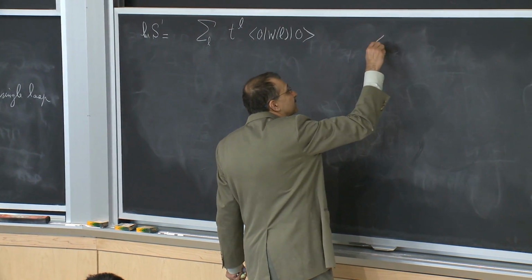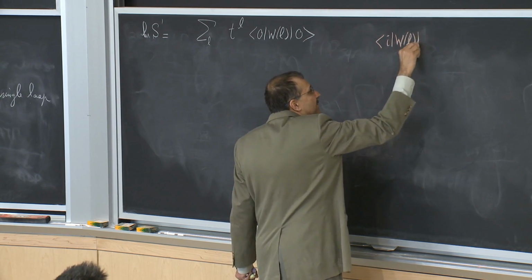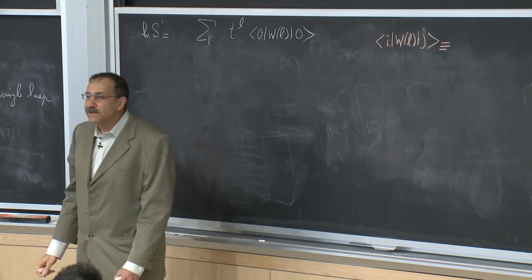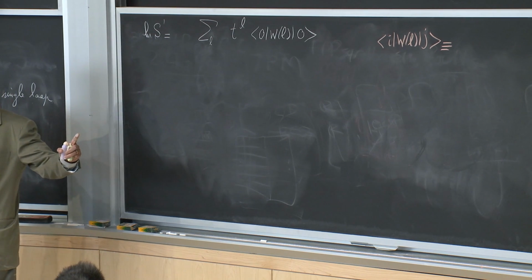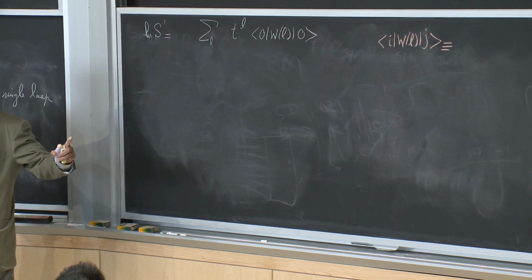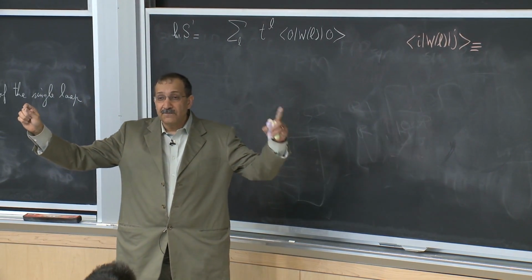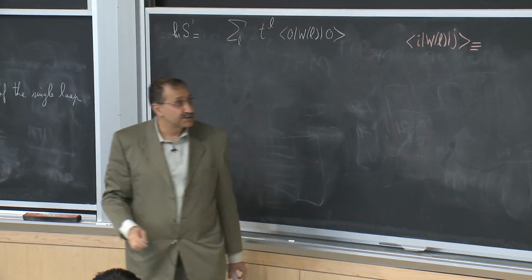So let me write the definition. I define a matrix that is indexed by two sites of the lattice and counts the number of walks that I can have from one to the other, from i to j, in L steps.